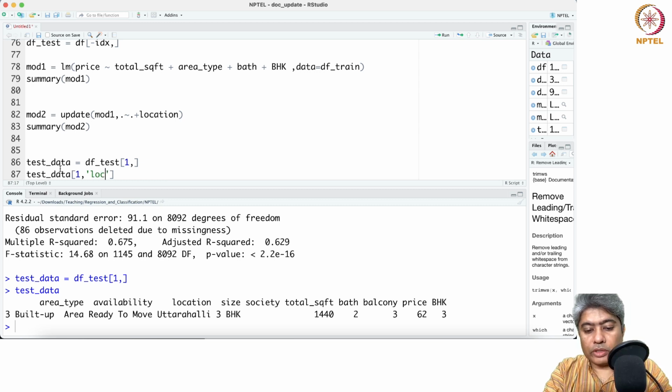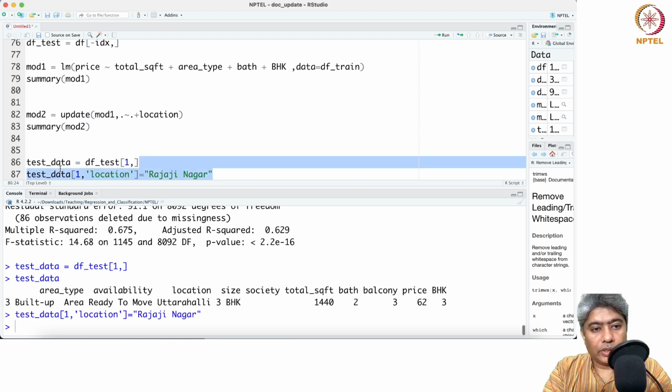The location we are going to use, say, is Rajaji Nagar. I remember in the Rajaji Nagar case we got a value of near about 2.4 crores. Let's see what happens this time.